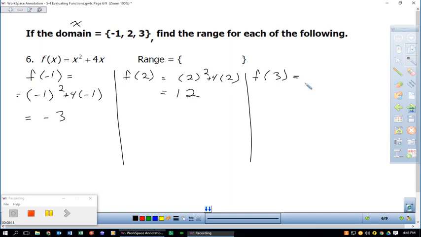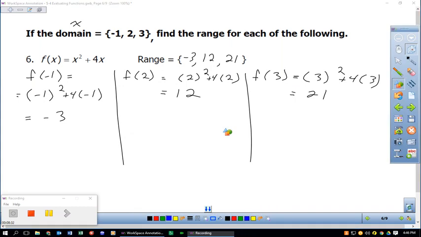And if you plug 3 in, you should get 3 squared plus 4 times 3, and so you should get 21. So our range is a list of values. Our range, the values are negative 3, comma, 12, comma, 21. That is our range. So doing this is just shorthand for do it 3 times.